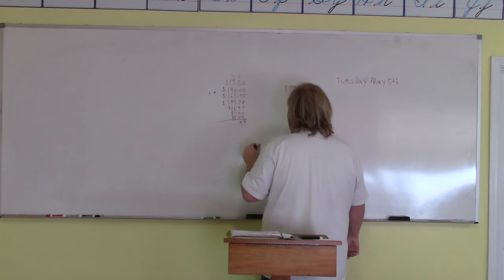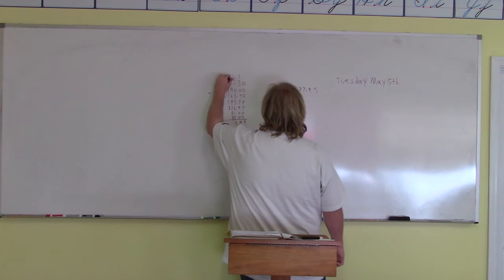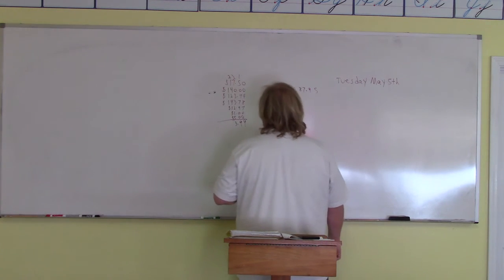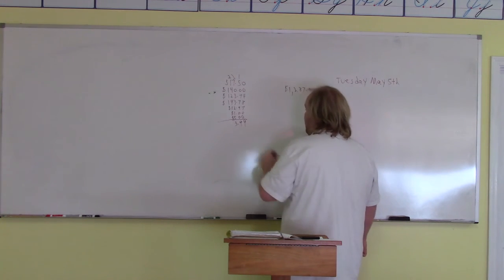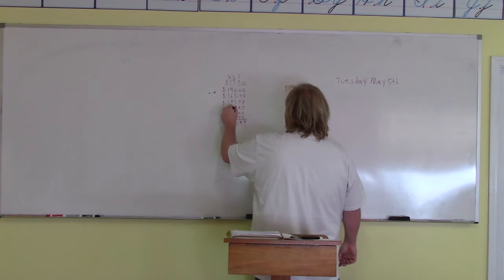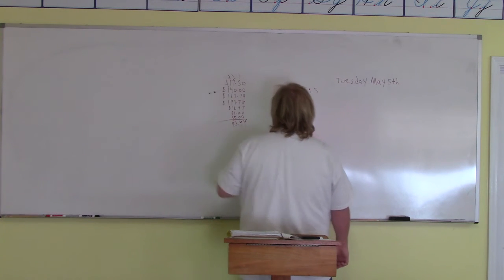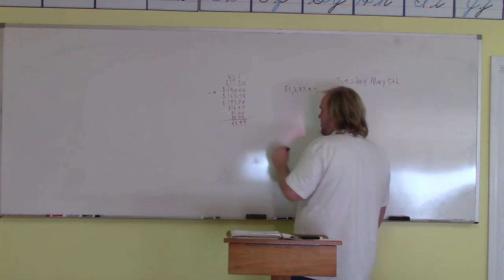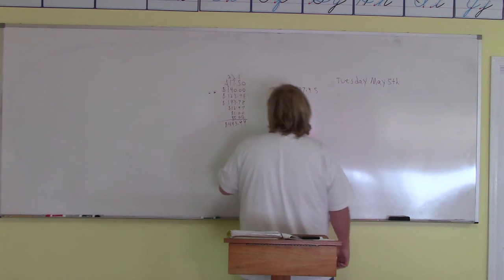Plus 2 is 17, 18, 23. So we carry the 2 over here. 2 plus 1 is 3. Plus 4 is 7. Plus 2 is 9. Plus 4 is 13, 14. So we carry our 1. 1 plus 1 is 2. Plus 1 is 3. Plus 1 is 4. So $443.99 are her fees and checks.